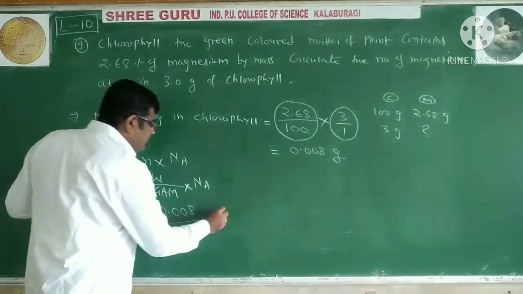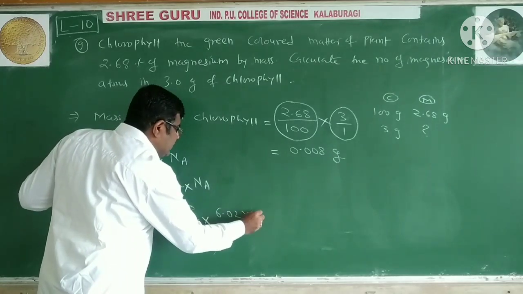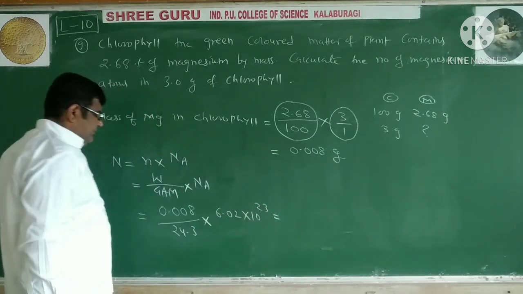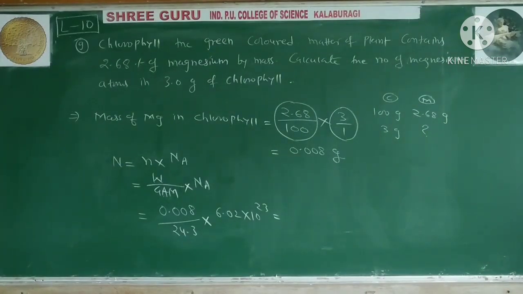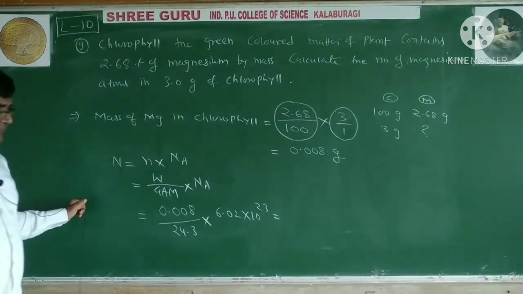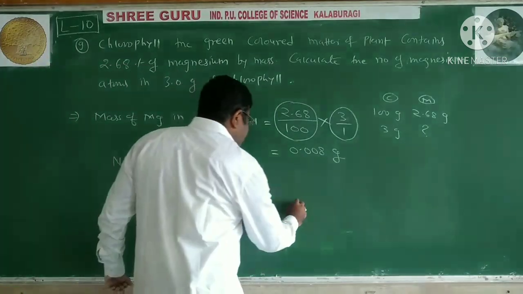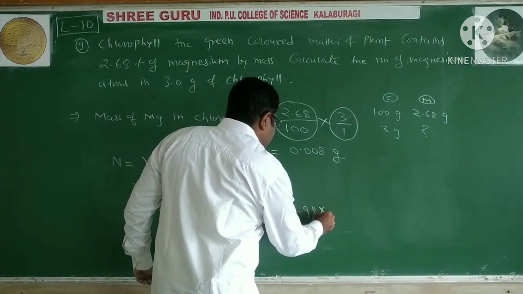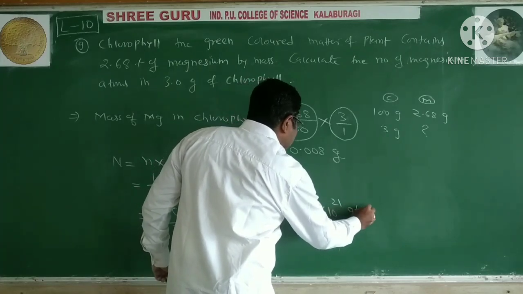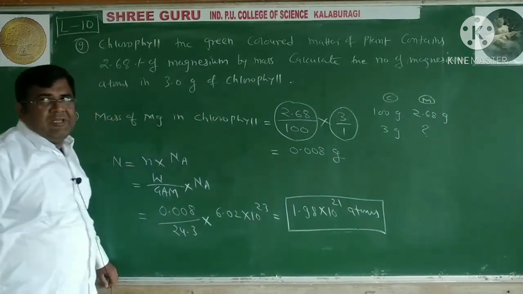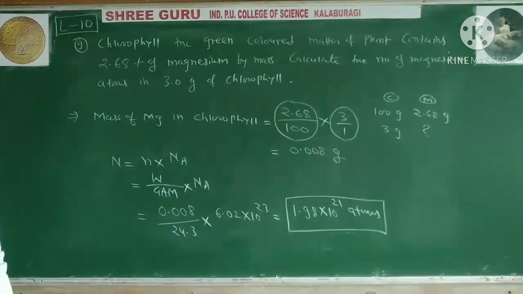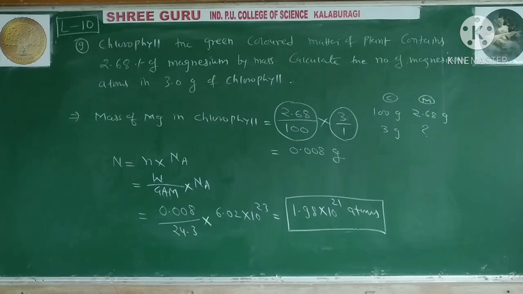Avogadro number is 6.02 into 10 raised to 23. Simplify these numbers. 1.98 into 10 raised to 21 atoms is the answer which we are getting here.